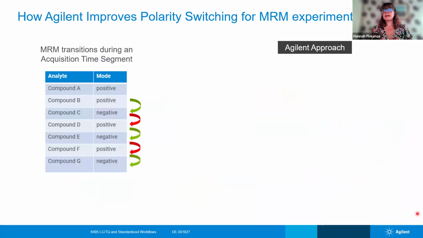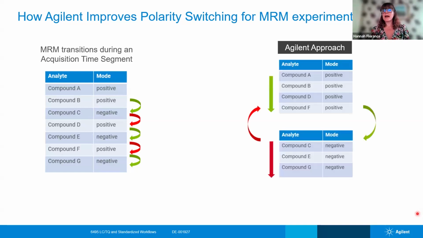Another critical feature for running these discovery workflows is that both positive and negative polarities are required. When you're running hundreds of MRMs, you must maximize that duty cycle. So you want to achieve both the best signal and the number of points across your peak, because you need your method to be quantitative as well. The Agilent solution to this is to group the MRMs by polarity.